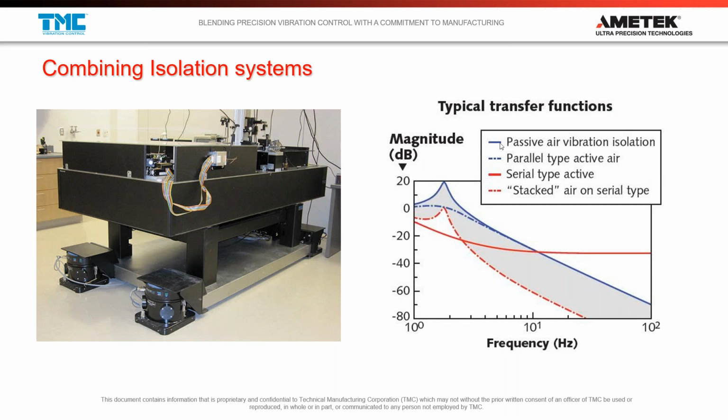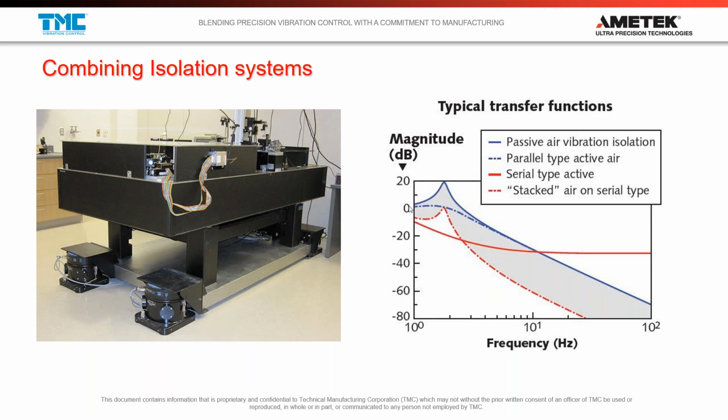For example, you have a passive air isolation system. The table alone on the floor, as I mentioned before, is going to have a resonant frequency and a good roll-off. Say I bolted a linear motor to the side here, and put a sensor on top here, and created a parallel type active system, with no active system down here.